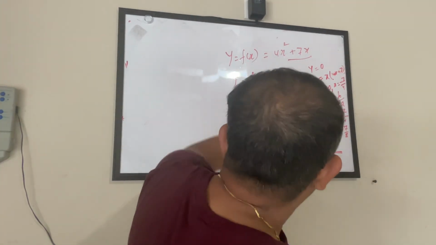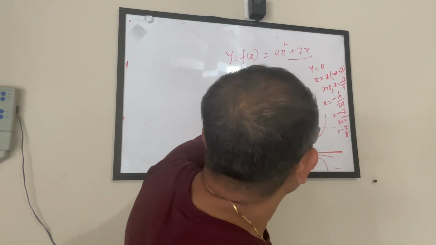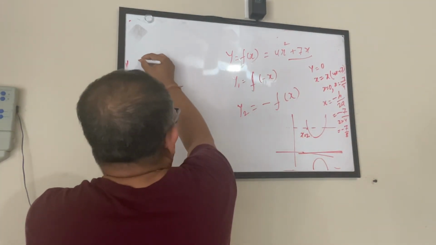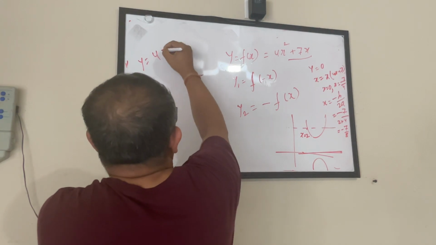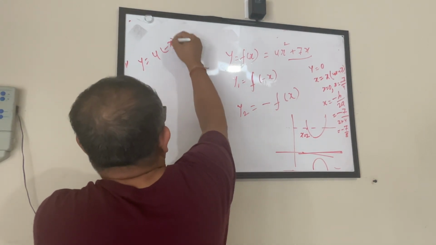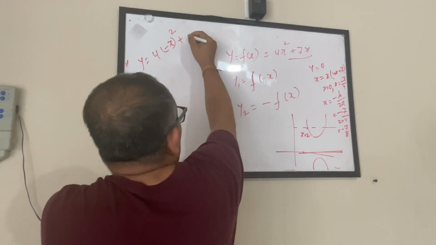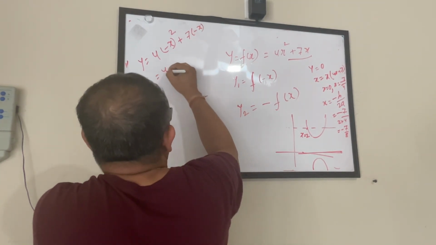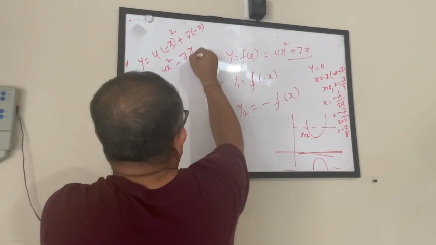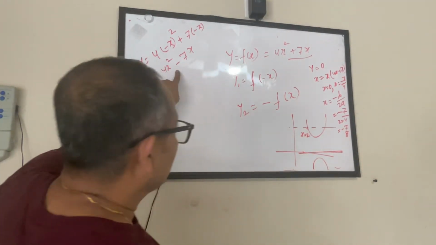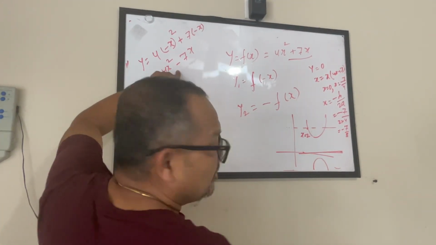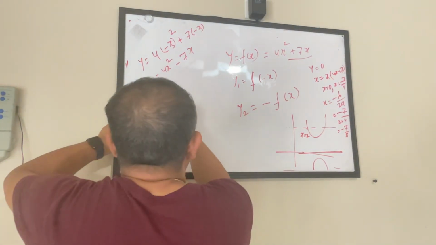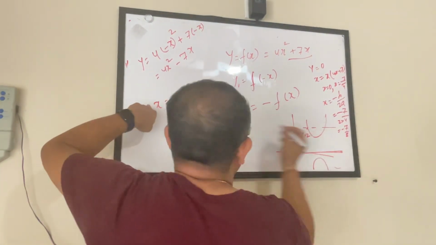Now we are saying y equals f(minus x). So my equation becomes y equals 4 into (minus x) square plus 7 into (minus x). So this becomes 4x square minus 7x. And what will be the x coordinate of the vertex?